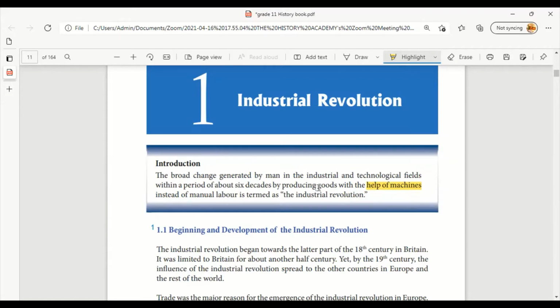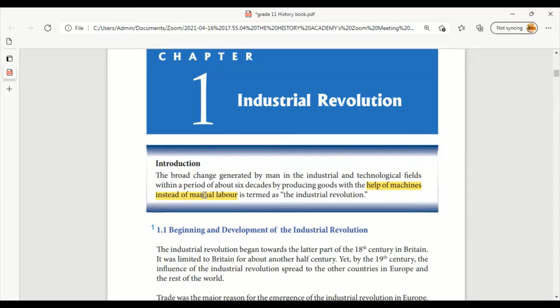The goods were produced with the help of machines rather than using manual labor, right? So before the industrial revolution, everything was produced using manual labor, and after the industrial revolution, they produced goods with the help of machines, right? So the emergence and development of trade was due to the industrial revolution, right?